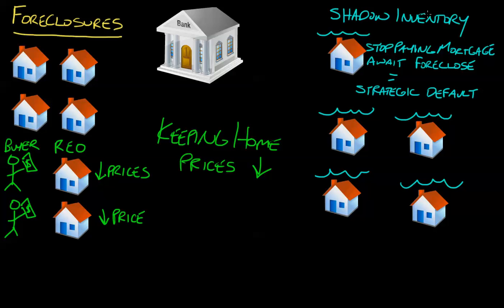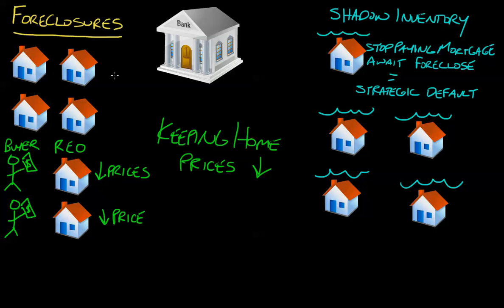I'm guessing part of the reason they call it shadow inventory is because it is following the bank's foreclosed inventory. As the banks continue to release these REO properties onto the market at these low prices, it's keeping home prices across the US down, which is affecting homeowners who, in turn, maybe lose hope, lose faith, and stop making their mortgage payments, and inevitably these properties will become foreclosures and go onto the bank's inventory as well.